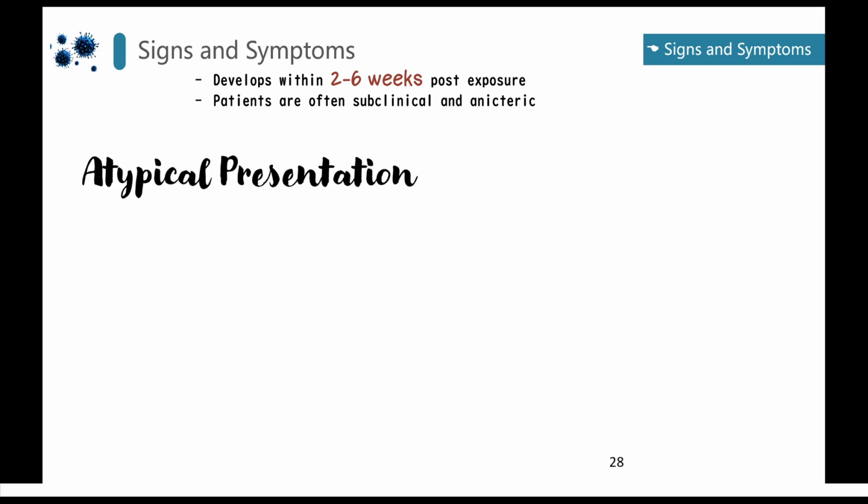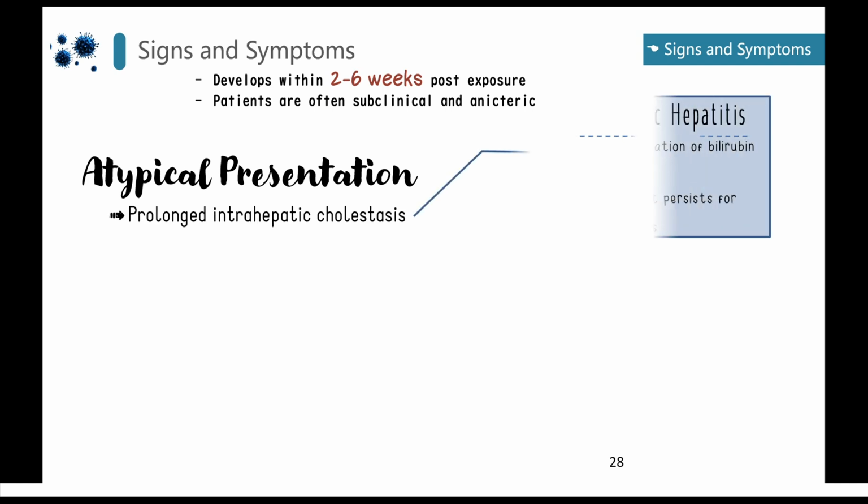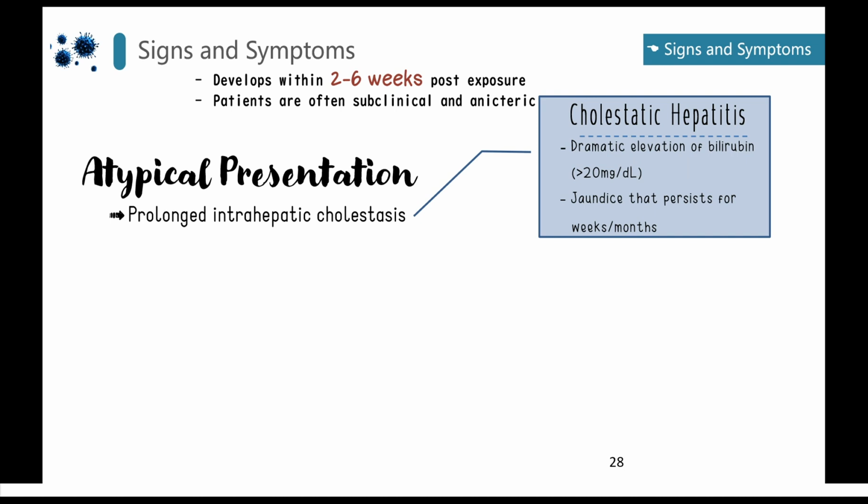Meron ding atypical presentation of hepatitis A. The atypical presentation of hepatitis A is a prolonged intrahepatic cholestasis. So again, with cholestasis, there is decreased flow of bile into our small intestine, and the tendency is that bilirubin will leak out of our liver going to our circulation.